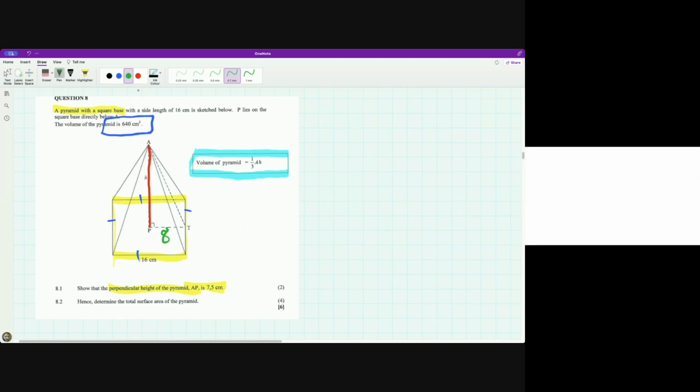Well, maybe, couldn't we use the volume of the pyramid we've got, the height? Ooh, I wonder, could we maybe use the 640? Oh, Callan is coming to the rescue here. Okay, use the volume. Callan, I think you were thinking the same as me.